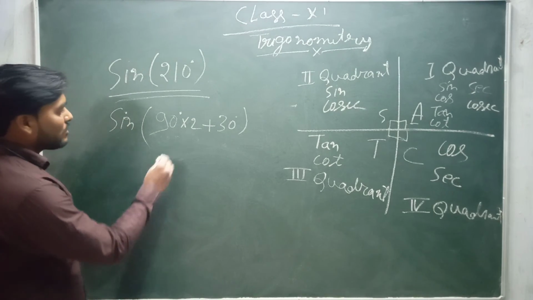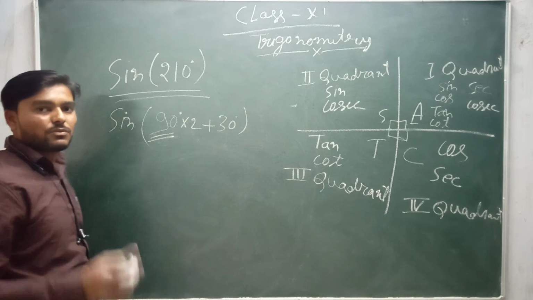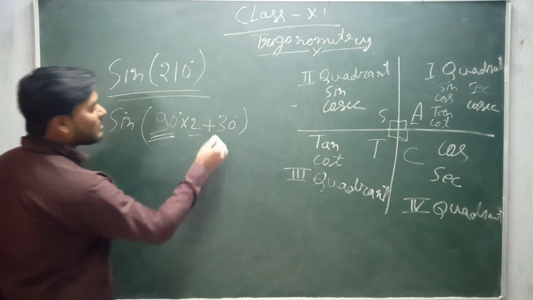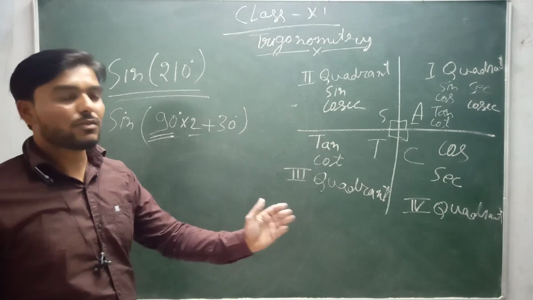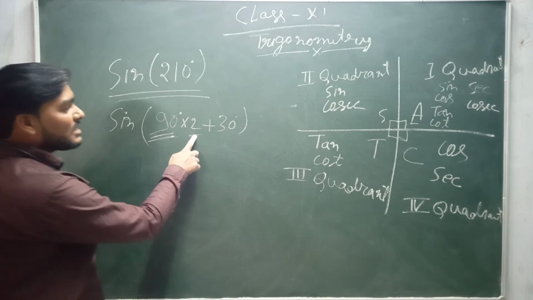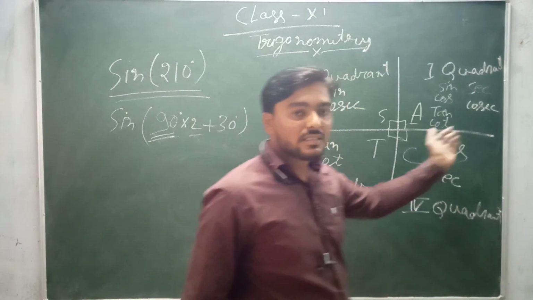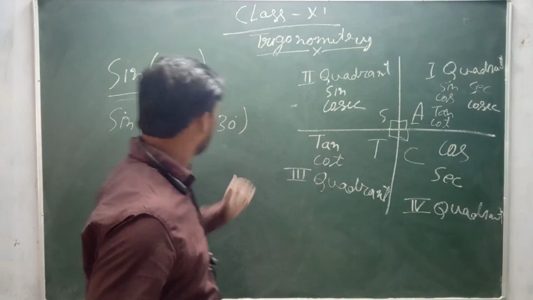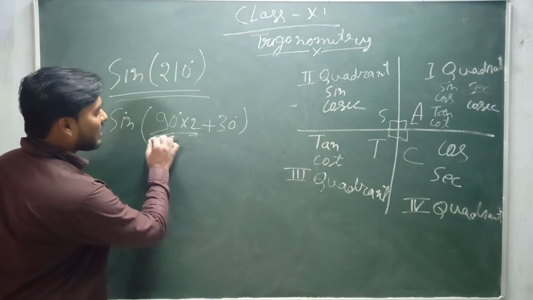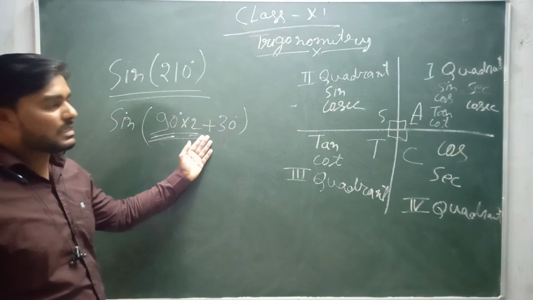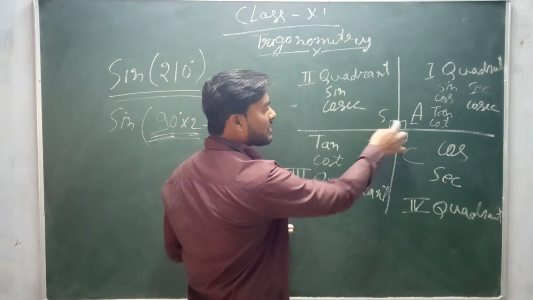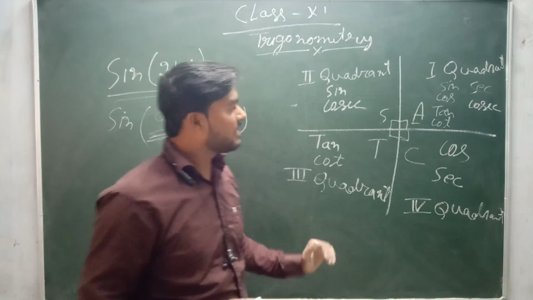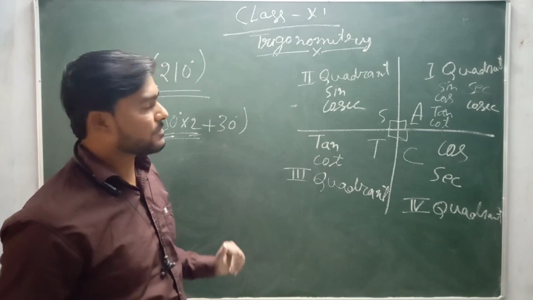So this is the 90 degree for this single quadrant. Now it's the multiple of quadrant. 90 into 1 is first quadrant, 90 into 2 is second quadrant. We have completed two quadrants. Now plus 30, we have completed first and second completely.